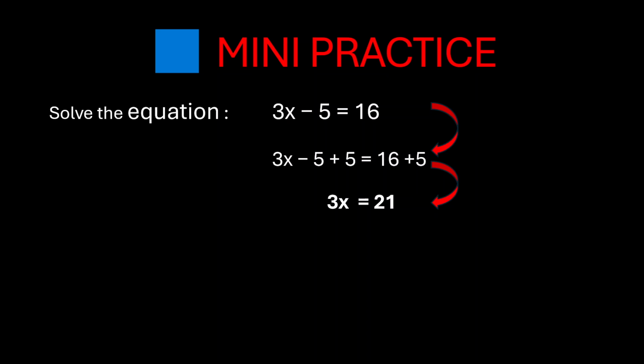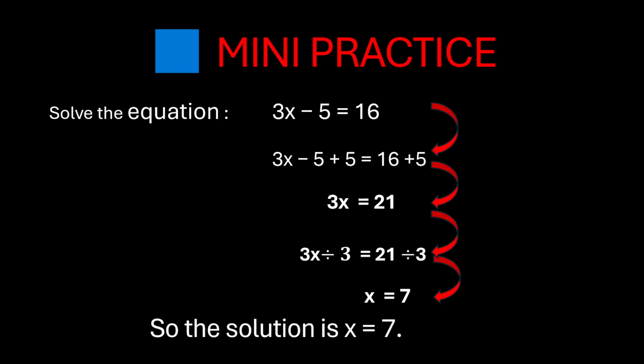Now to remove the 3 multiplied by x, we divide by 3, and 3x divided by 3 equals 21 divided by 3. The final step is x equals 7. x equals 7 is the solution of this equation. So the solution is 7. Okay, that's simple, and you can do that. You can follow these steps to solve this equation or any equation.